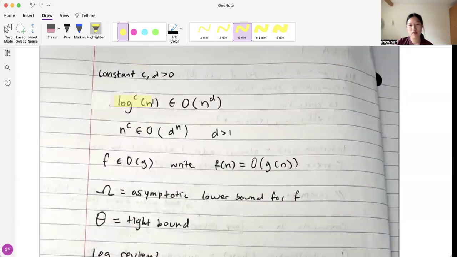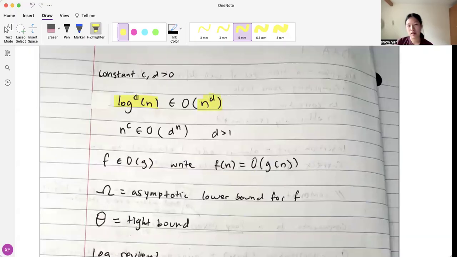So some simple things that we should know. For instance, if we have log base c of n with c as a constant, then it definitely belongs in the set O of n, because we can represent it with some constant d.